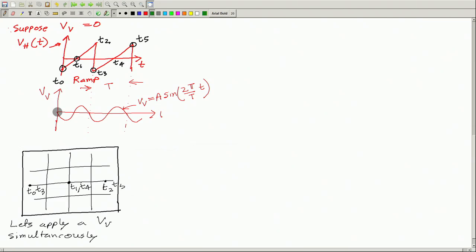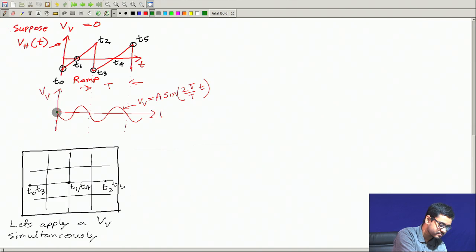At t 0, at this instant, you see the horizontal voltage is negative. So, the electron beam will be towards the left, somewhere here definitely, and its horizontal position will be 0.